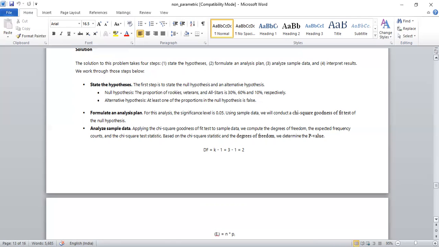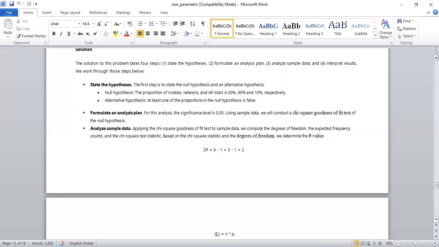And how to formulate an analysis plan? For this analysis, the significance level is 0.05. Using sample data, we will conduct a chi-square goodness of fit test of the null hypothesis. Now, how to analyze the sample data? Applying the chi-square goodness of fit test to sample data, we compute the degrees of freedom, the expected frequency counts and the chi-square test statistic.